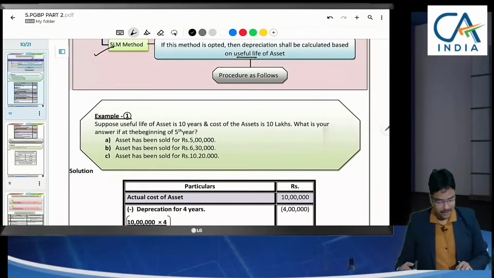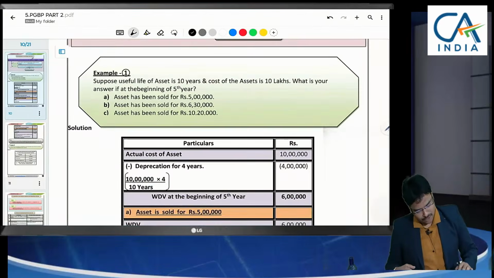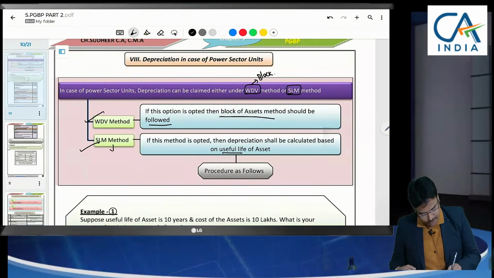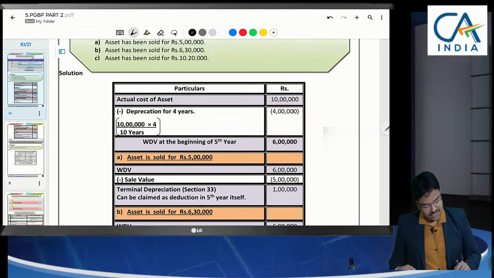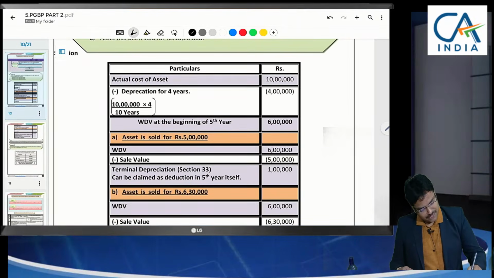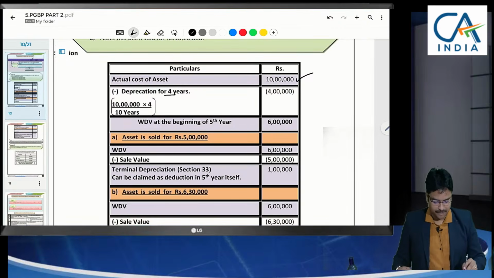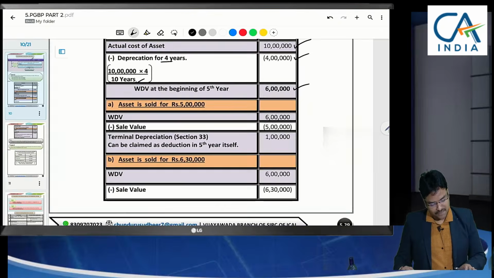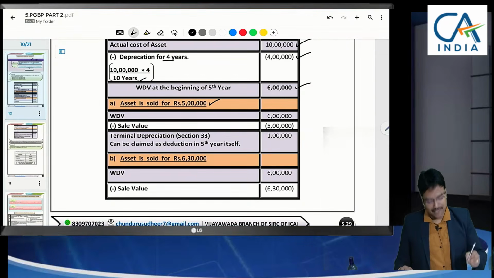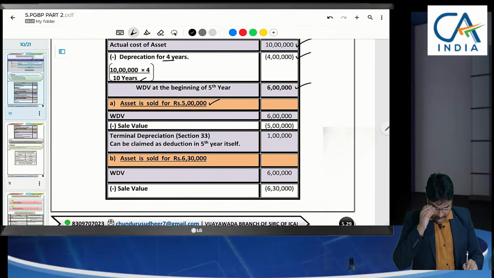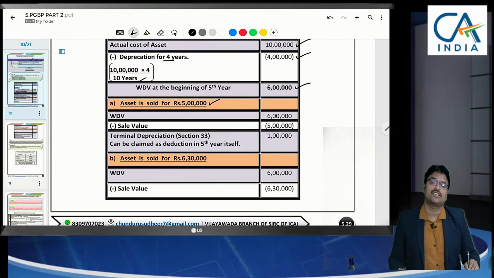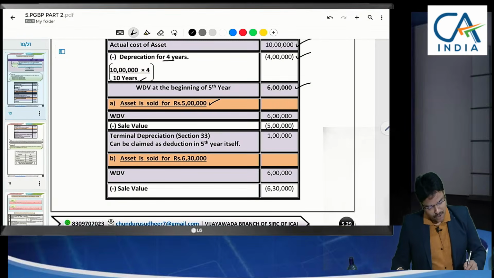Okay. Coming to the next one, the procedure is as follows. If the straight line method is followed, what is the procedure? Let us assume the actual cost is 10 lakhs. For 4 years depreciation is claimed. Assuming the asset life is 10 years, 4 lakhs has been claimed and now the balance WDV is 6 lakhs. If the asset with a 6 lakhs value is sold for 5 lakhs only, then what happens?